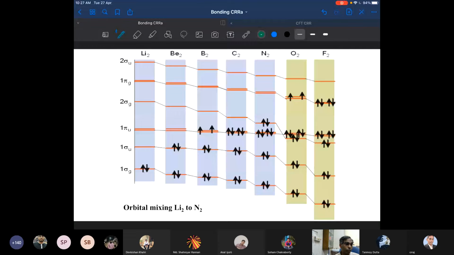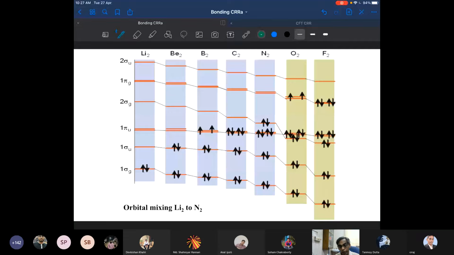We have a software package where we can mix these two orbitals, but we don't have the time. Otherwise, we need to have the quantum mechanical calculation. It is already proved that there's a mixing, and the pi MO's energy is lower and the sigma MO energy is a little higher, just above the pi MO.